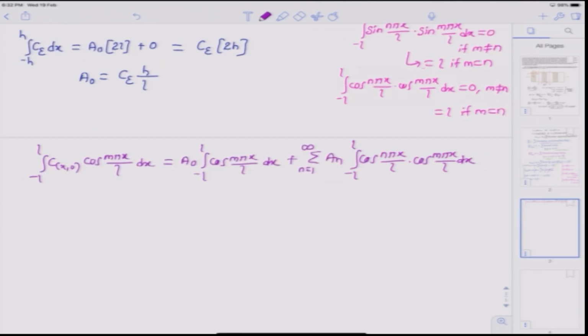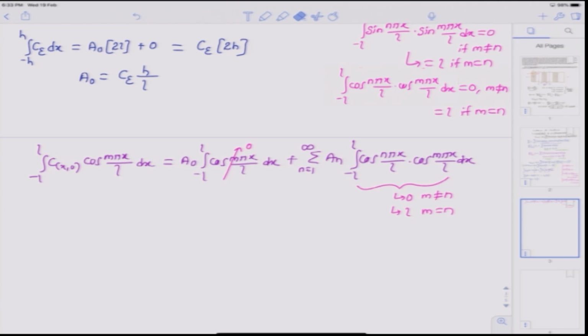Now, straight away the first integral on the right hand side is 0. The second integral, we know this is 0 for all values of m which is not equal to n, and this is equal to L when m is equal to n. So, in this summation all other terms will vanish except for m equal to n.